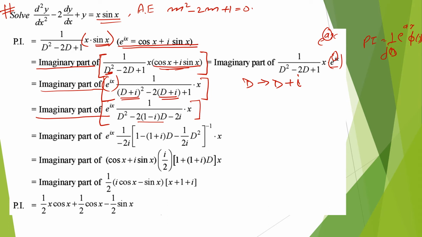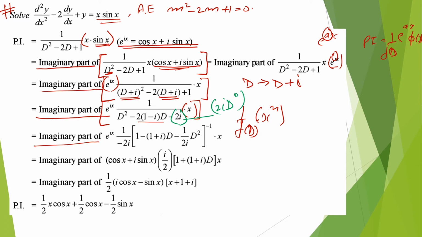For the case of PI when we have x to the power n, now we have to consider a different case, 1 over f(D) into function x to the power n. This is the second PI case. For this case we have to expand binomially. So the imaginary part of the denominator: in this term we are considering the lowest coefficient of D, because this is 2 iota D to the power 0.